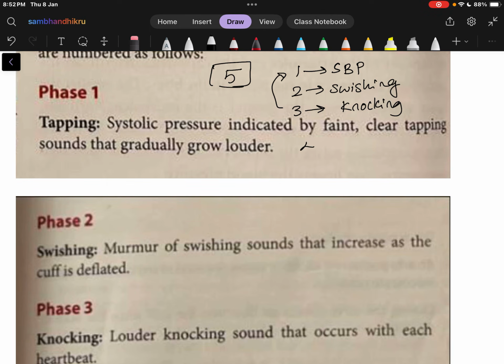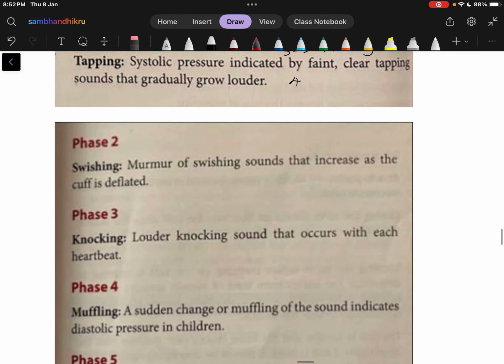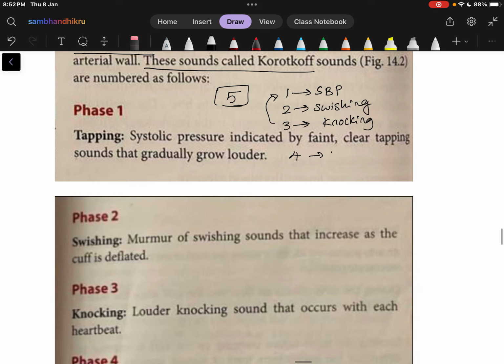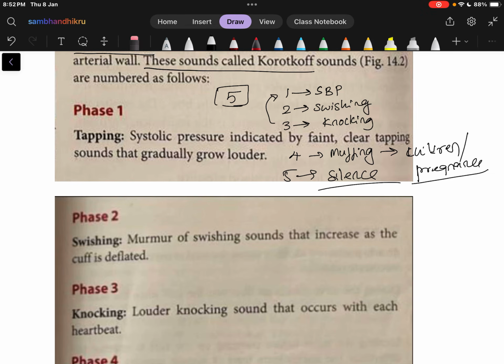Clear? And the fourth, you can hear the muffling sound. Where can we hear the muffling sound? In children and also in pregnancy. Next, the fifth one is silence, and this one will be considered the diastolic blood pressure.